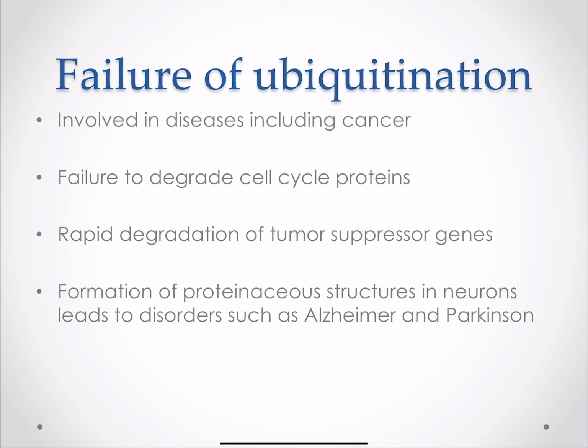Degrading those tumor suppressor genes too much, so if you over-degrade certain genes, again, that can lead to cancer. And it's also been shown that an accumulation of protein in neurons has been linked to Alzheimer's and Parkinson's disease. And one thing to keep in mind is that too much is always going to be a problem, just like too little is going to be a problem. So when you're unable to degrade things, that's just as bad if you accumulate things.